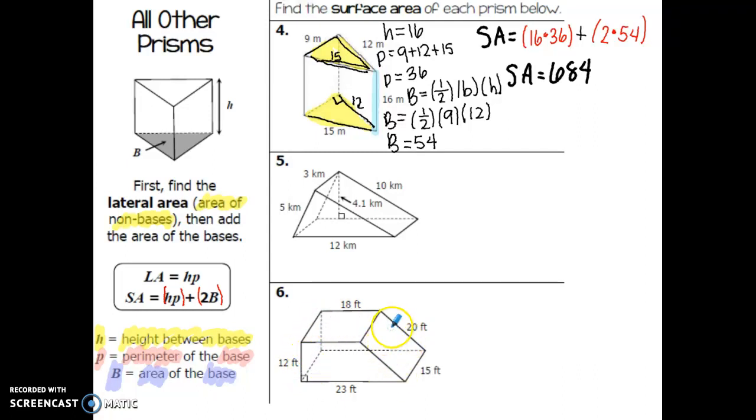The parallel side is a square, so I know that wasn't it. But if I kind of see this foreground shape here, that is my trapezoid. And if I look here across on the parallel side, I see another trapezoid. So that means that is my base because they are parallel, congruent, and there's 2 of them.